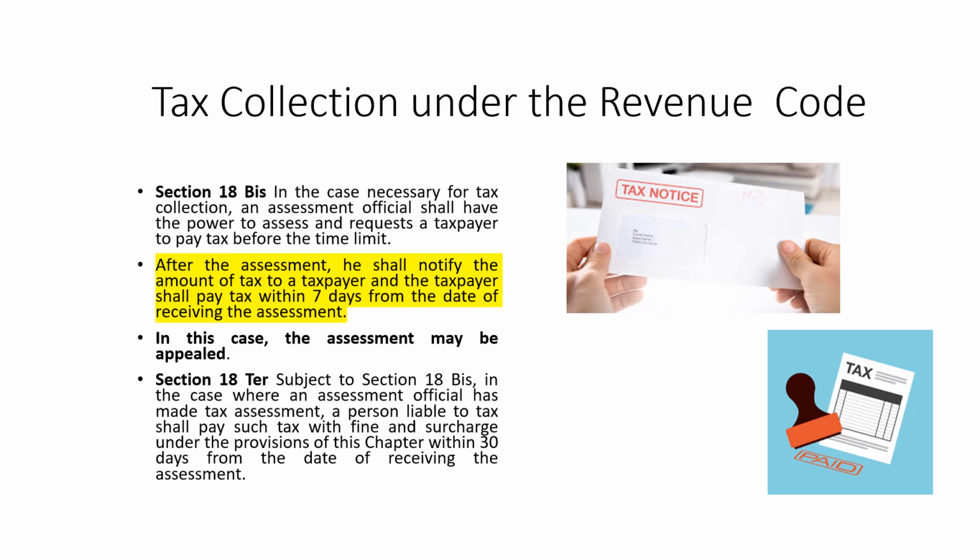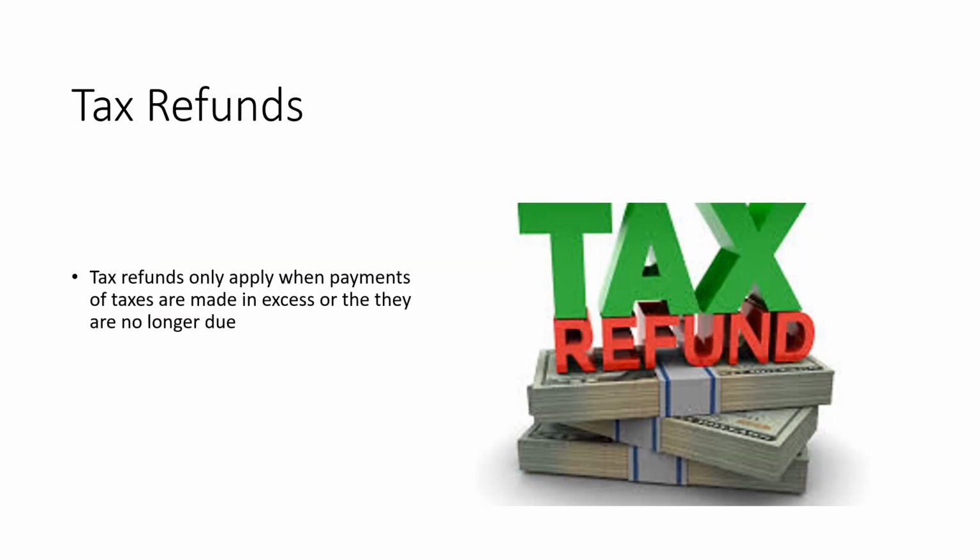So if they think that the SBT you have submitted to the tax authority is wrong, so you need to pay more tax, they will send a notice to you and you need to pay the tax within 7 days from the date of receiving the assessment.